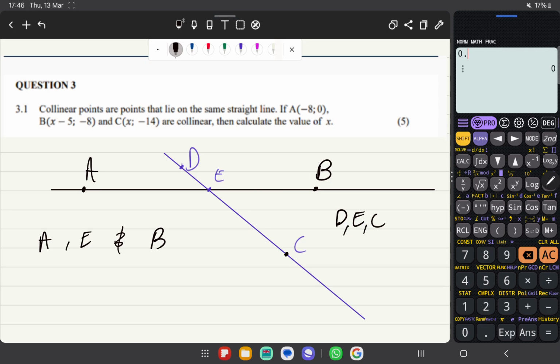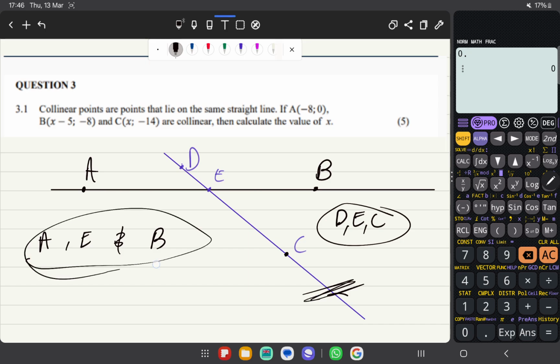You see, the reason these three points are collinear is because they're on the same straight line, which is this purple straight line, and the reason these are collinear is because they're on the same straight line. Do you know what I mean?